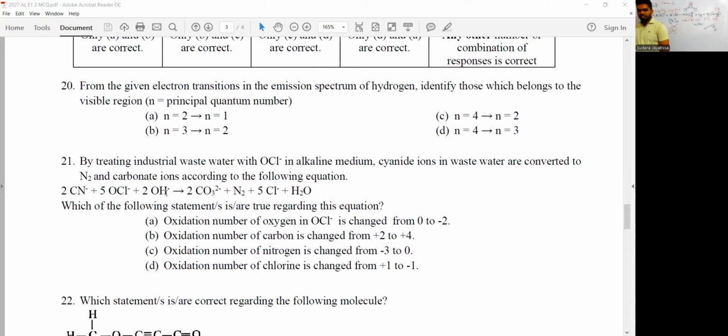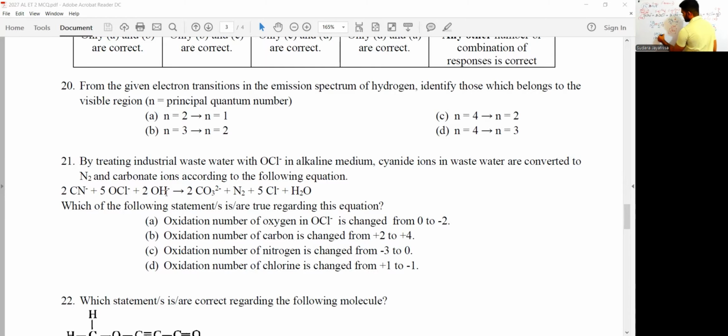Look at the first statement. Oxidation number of oxygen in OCl minus is changed from 0 to -2. Oxygen is -2 always, no? You can see all these ions and molecules have oxygen in the -2 oxidation state. So A is going to be wrong. Isn't it?